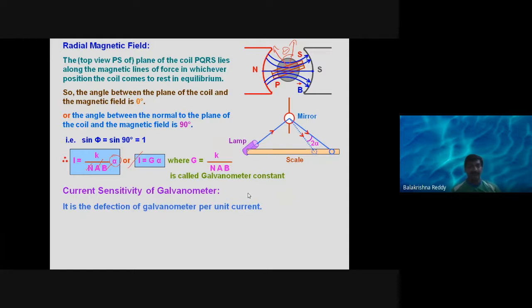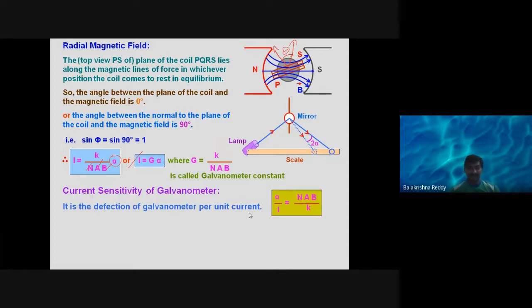Here, with respect to the current sensitivity of the galvanometer, what we need to discuss: if the deflection of the galvanometer per unit current increases, meaning even a small amount of current to the galvanometer increases it, then obviously the measuring capacity, the deflection capacity, will be increased. That we say is current sensitivity.